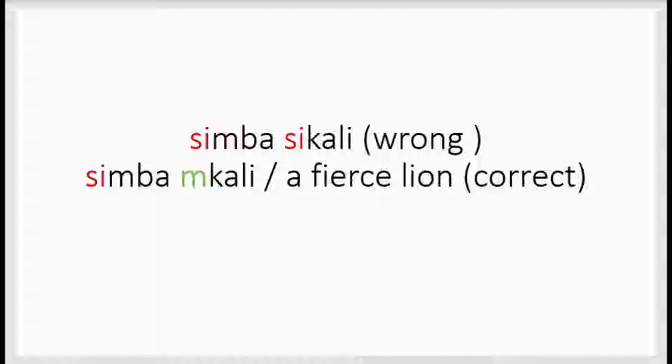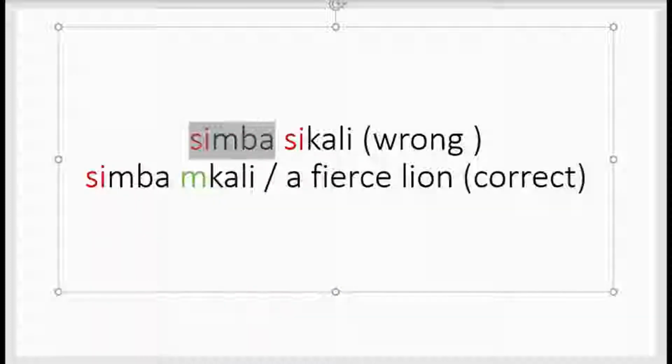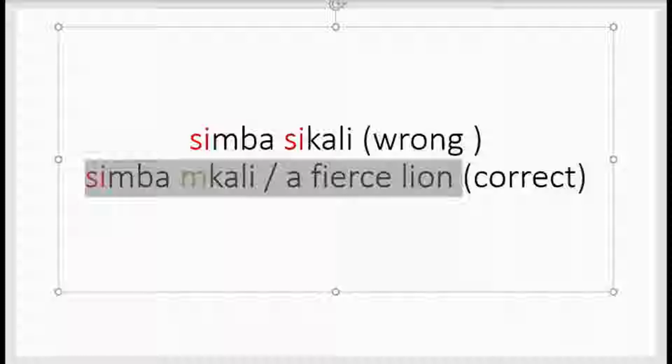If you say simba si kali, that is wrong. Again, there is an exception. So instead, our sentence becomes simba mkali, a fierce lion. That is the correct statement.